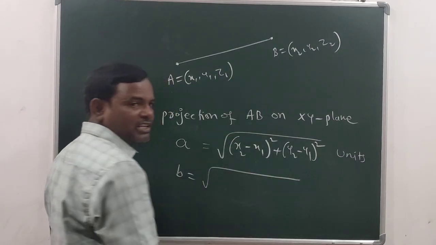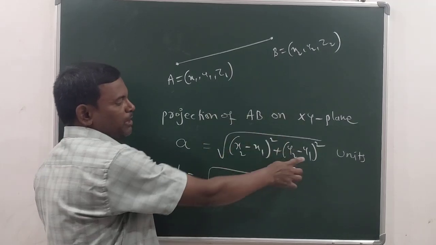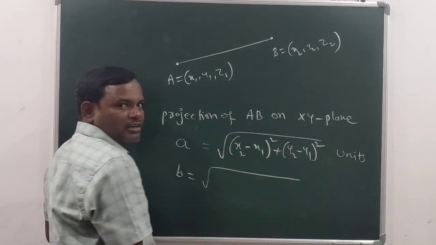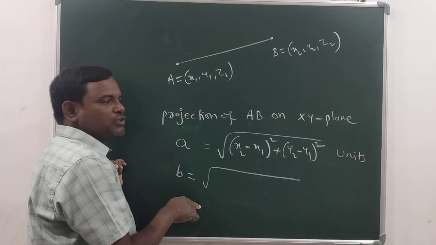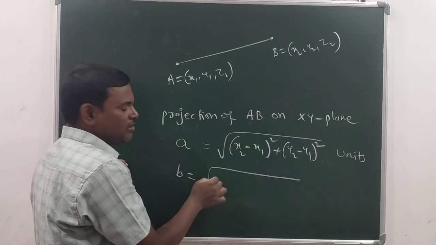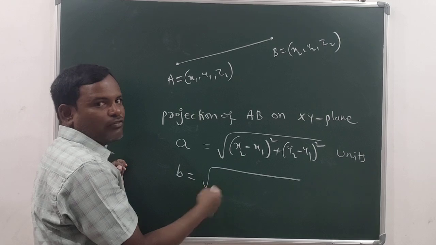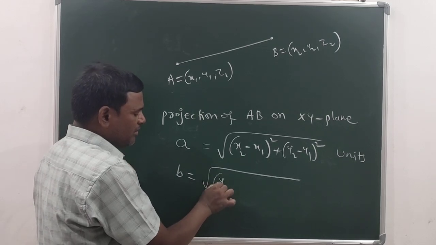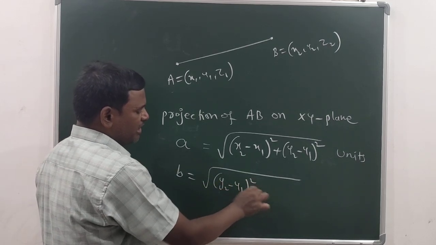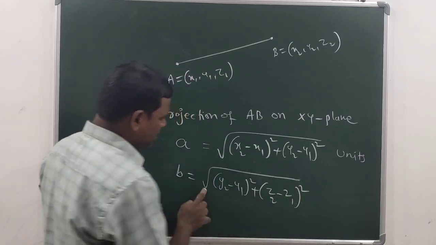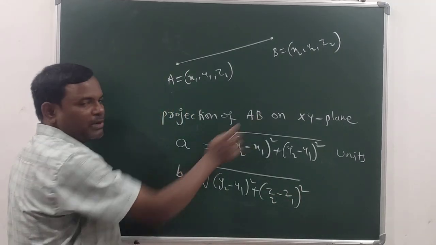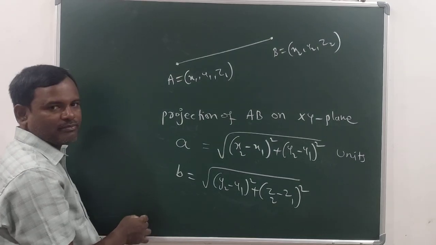On the xy plane, the difference of z coordinates did not come. So if you find the projection of AB on yz plane, x2 minus x1 will not come. You just get the square root of y2 minus y1 whole square plus z2 minus z1 whole square. This is the projection of AB on yz plane.